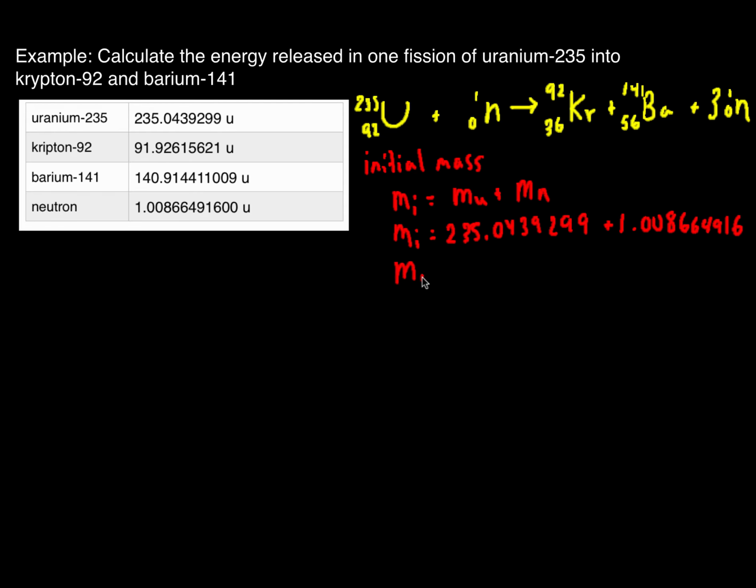This gives us an initial mass equal to 236.052394816 atomic mass units.